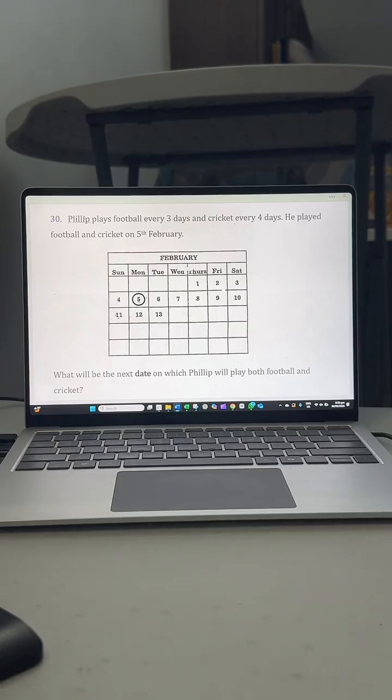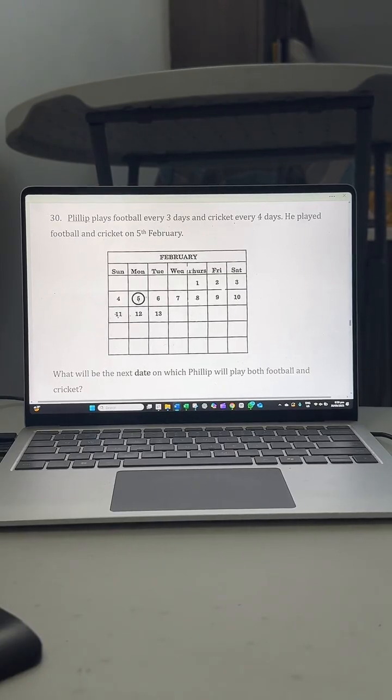So if I bounce up this question, teachers will do this, right? They are saying that Philip plays football every 3 days and cricket every 4 days. Anytime you bounce up a question like this and they're asking you when will they meet again, right? He played football and cricket on the 5th of February. What will be the next date on which Philip will play both football and cricket?